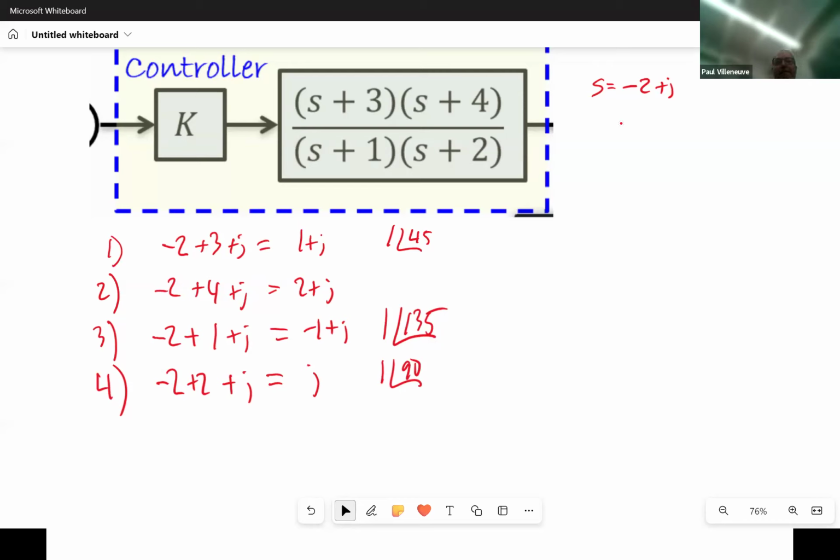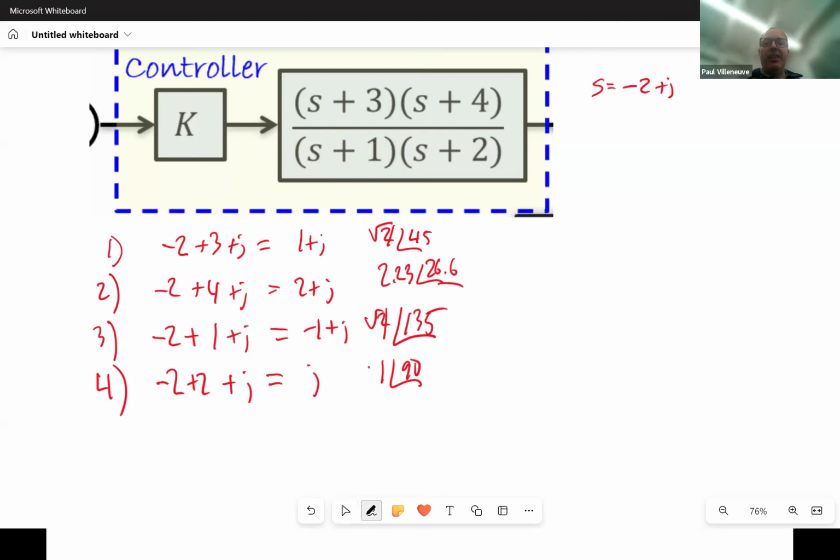Anybody help me out with that? 2.23. Square root of 2, yeah. Then the one is -1 plus j. Oh, yeah. The j is just 1 at an angle of 90.